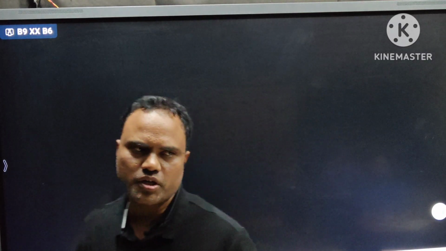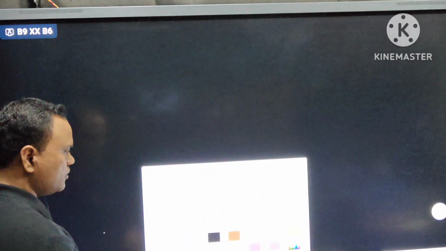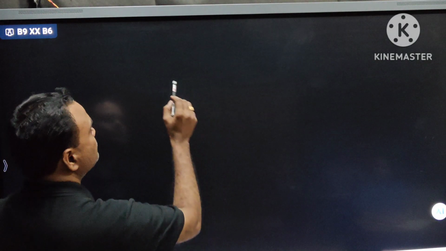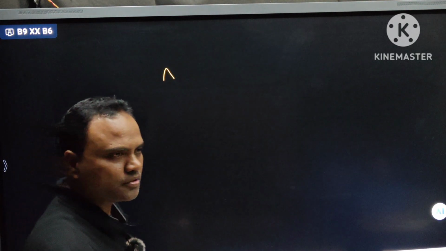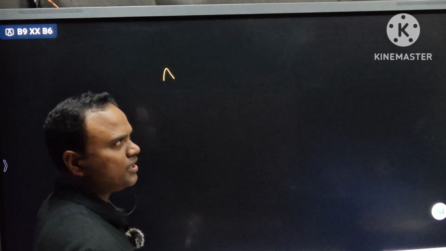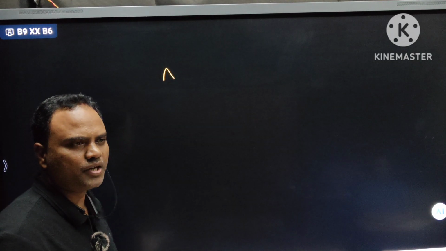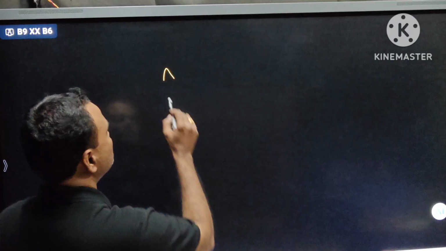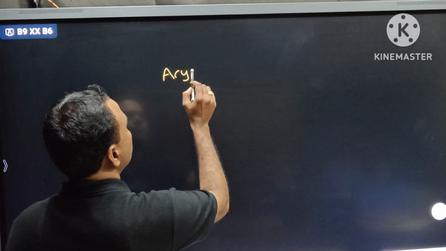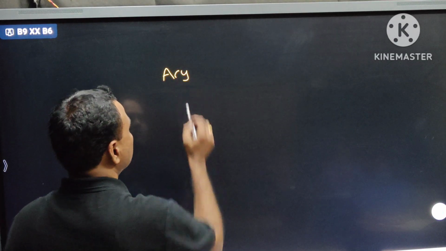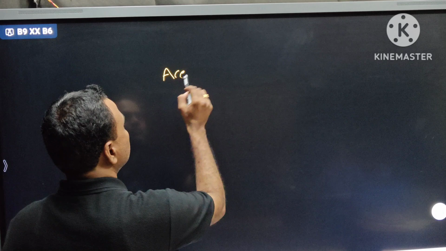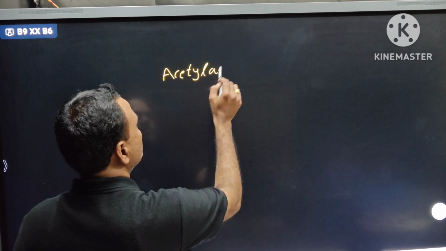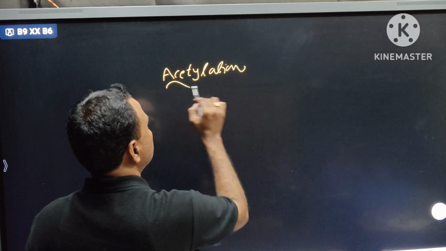Next, acetylation and benzoylation. For aliphatic we didn't do it; for aromatic we completed. What is acetylation?